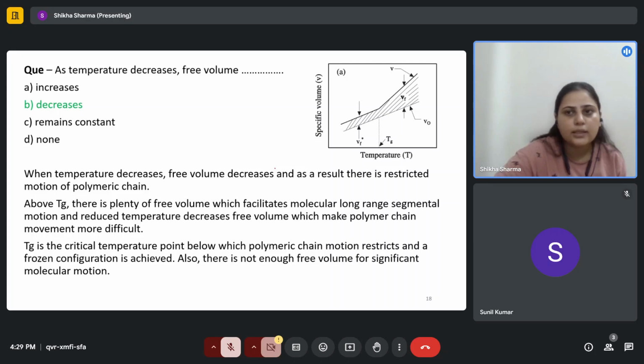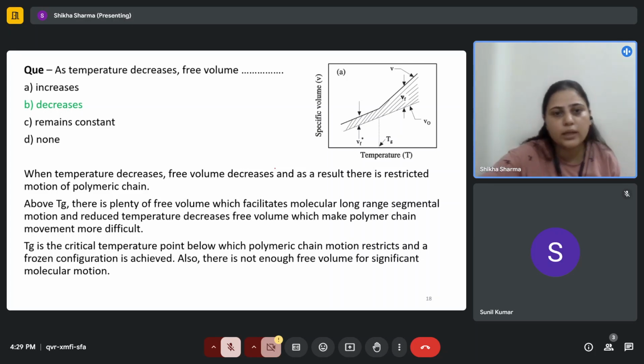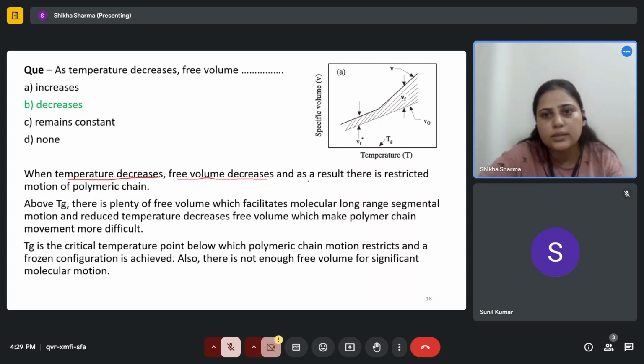Let's understand the reason why. When the temperature decreases, free volume also decreases. As a result, there is restricted motion of the polymeric chain, because when there is less temperature, the polymeric chain motion will be restricted and the free volume also will be lesser.